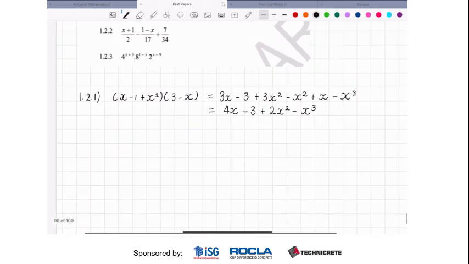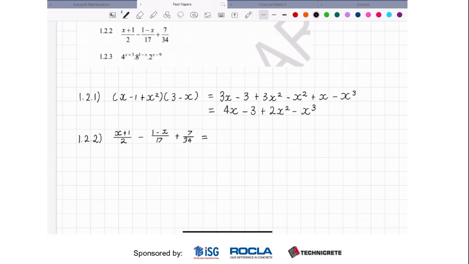Then 1.2.2, we've got fractions with expressions of x. So because I'm being asked to simplify, I want to get everything to be one fraction.